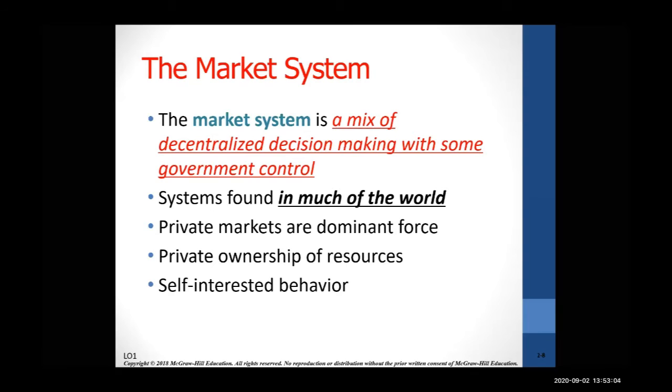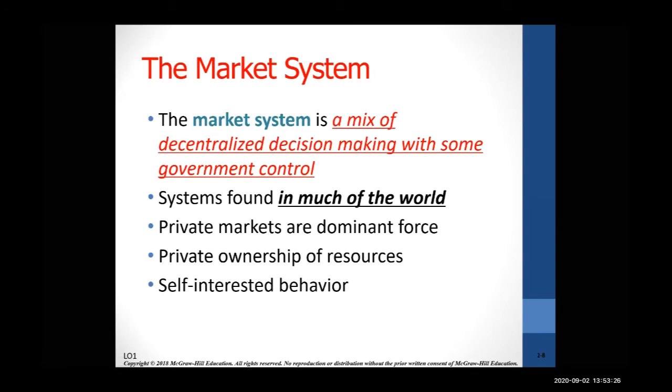Nowadays, most of the world are market systems, except for the three command system countries. And the private market is the dominant force. There is private ownership of resources. The government does not own a lot of resources. Most of the resources are owned by private people, individuals or private companies.